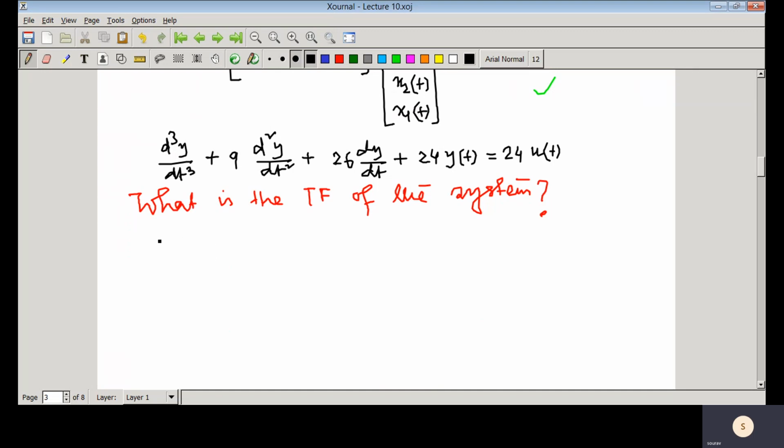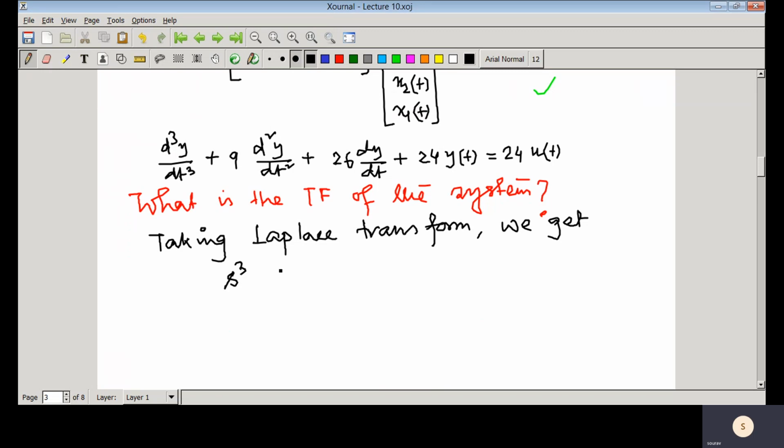So if we take the Laplace transform, here we can write s cube Y(s), plus 9s square Y(s), plus 26s Y(s), plus 24 Y(s), equals 24 U(s).